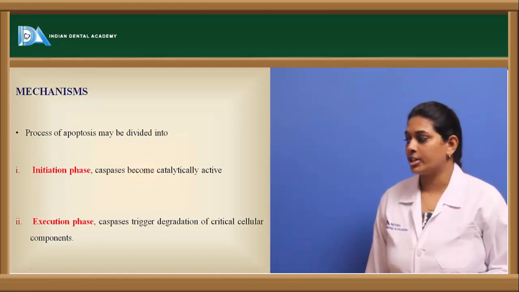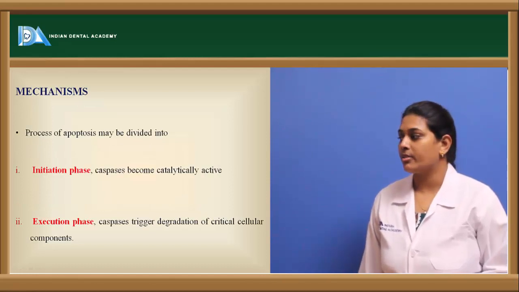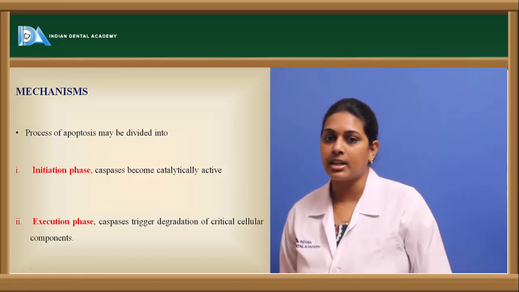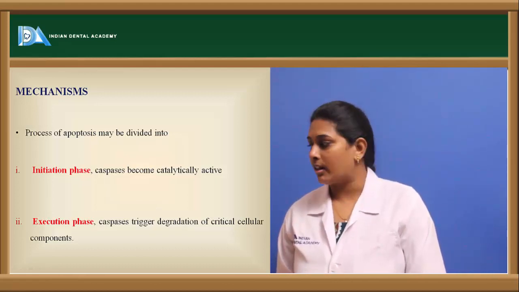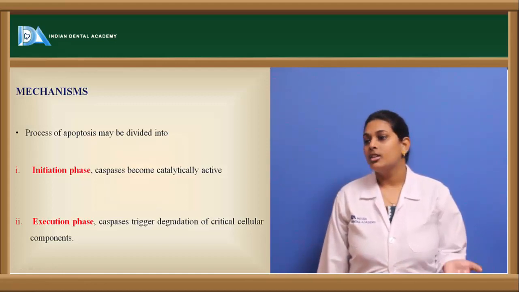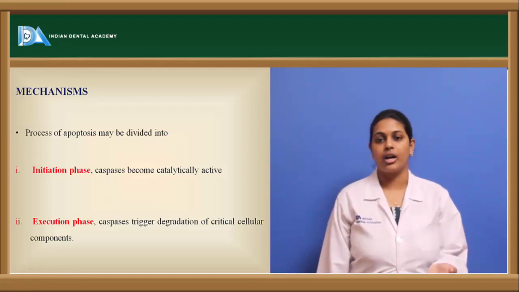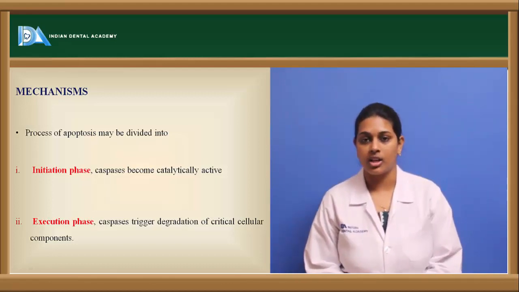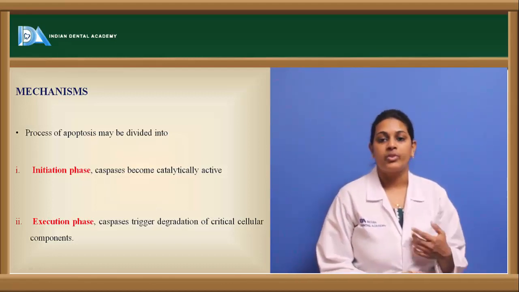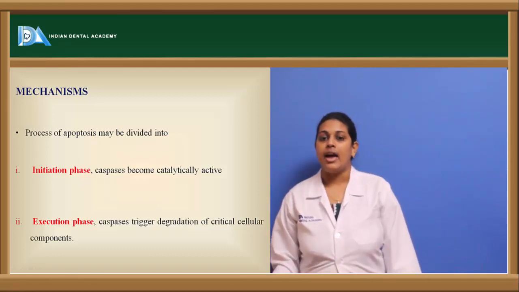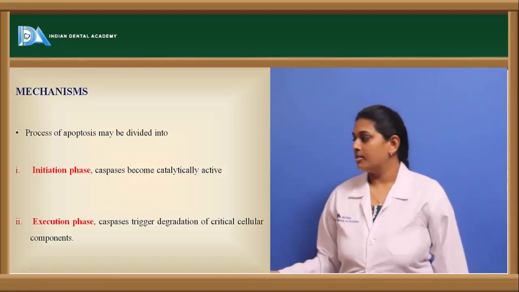In the initiation phase, the caspases become catalytically active, and in the execution phase, they trigger the degradation of the cellular contents, the organelles or cell composition which is supposed to be eliminated. These are degraded by the execution caspases.